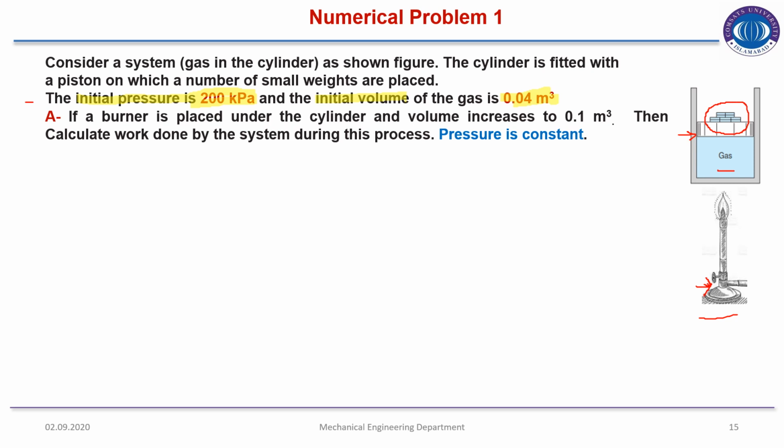Part A of the question states that if a burner is placed under the cylinder and volume is to increase from 0.04 to 0.1 meter cube. So this is initial volume and that is final volume for part A. Then calculate the work done by the system during this process while the pressure is constant.